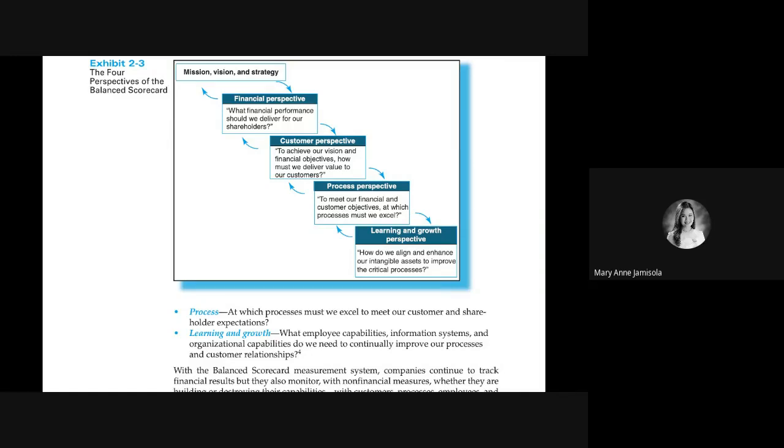And then lastly, we have learning and growth. So here we will ask ourselves, what employee capabilities, information systems, and organizational capabilities do we need to continually improve our processes and customer relationships?